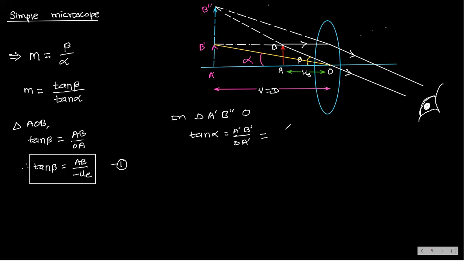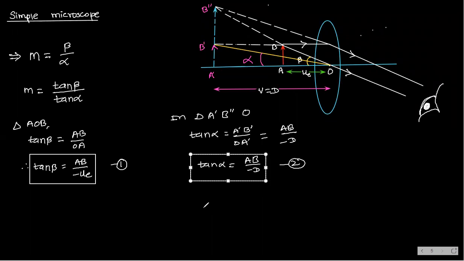A dash B dash is equal to AB again, so this is AB divided by OA dash, and OA dash is minus D. So tan alpha is equal to AB by minus D. Call this equation number 2.